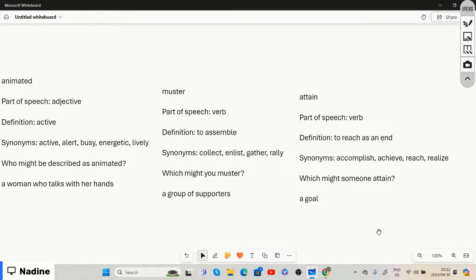It describes a noun. It tells us about the noun. It modifies the noun. So the word animated is an adjective. The definition of that word means that it is active.